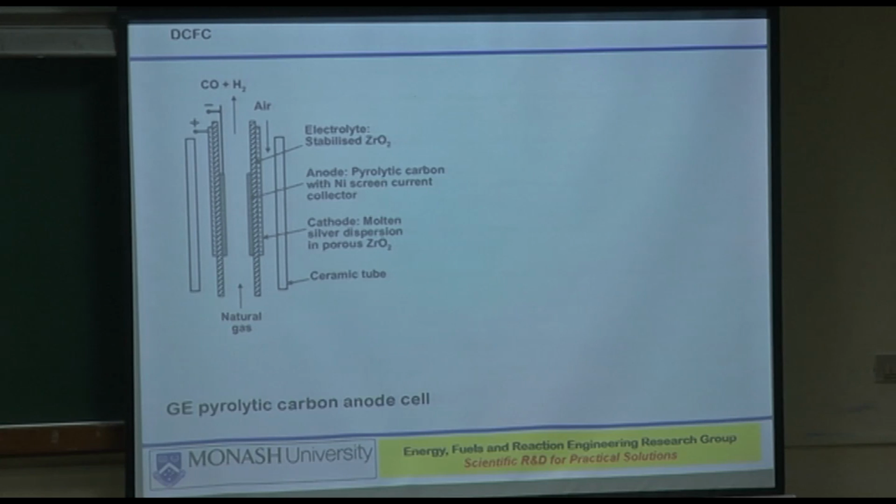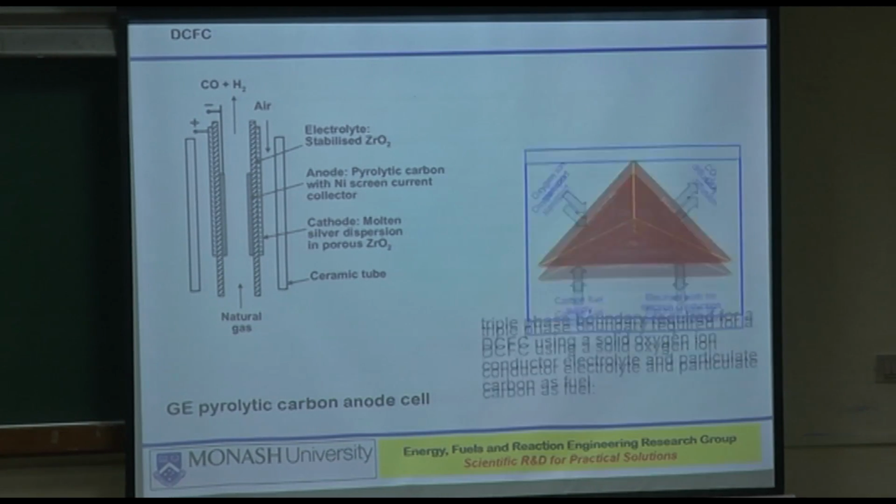And then the anode, as I said, is the pyrolytic carbon in the middle, and the cathode is the molten silver. And everything is inside a ceramic tube because it all has to be high temperature. Only thing is, it is also direct carbon, but it is not direct solid carbon. It's the direct carbon coming from the natural gas. Okay, so this is another variant.